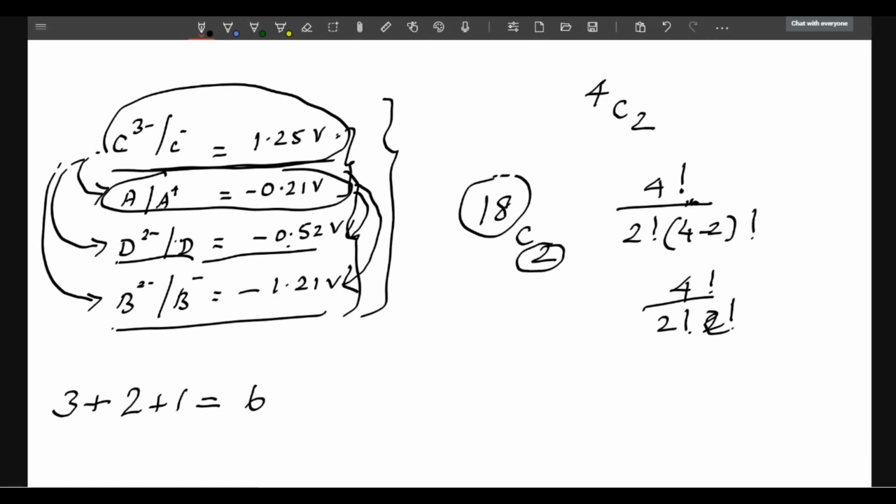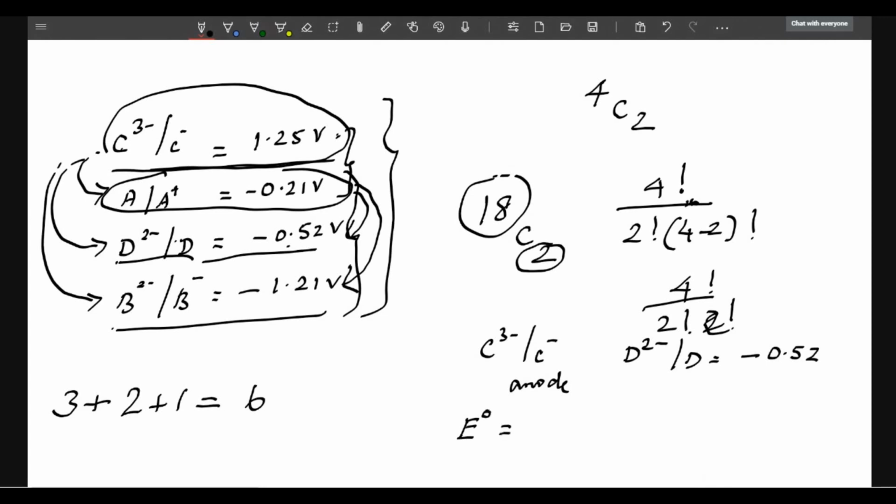The second thing is which combination of the electrodes will give you the highest EMF. Here you have to calculate the EMF. I will take C3 minus bar C as the anode, because oxidation is taking place at the anode. And the next one is D2 minus bar D, the cathode, 0.52.